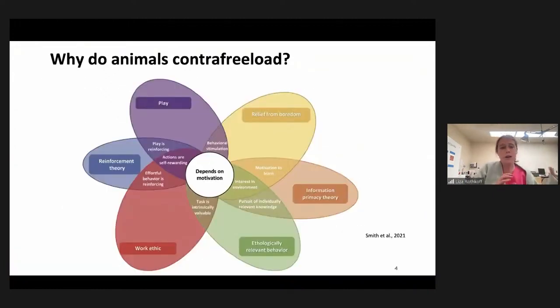There are numerous reasons put forth as to why animals might contra-free load. However, I'll only be focusing on a few today. The first one that I'll dive into is play.